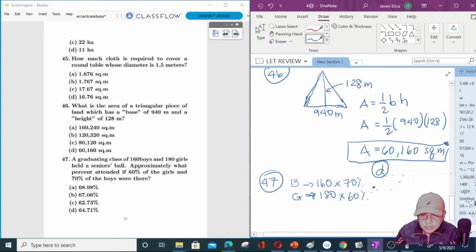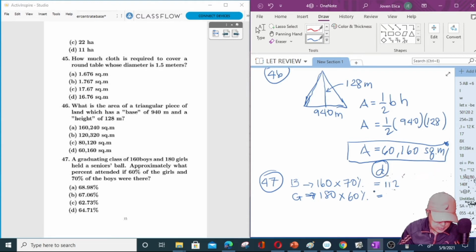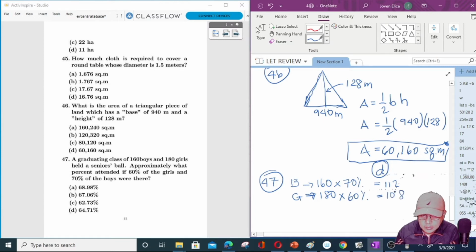So this is equal to 70% of the boys is 112, 0.7 multiplied by 160. 112 and 180 multiplied by 60% is 108. Okay.